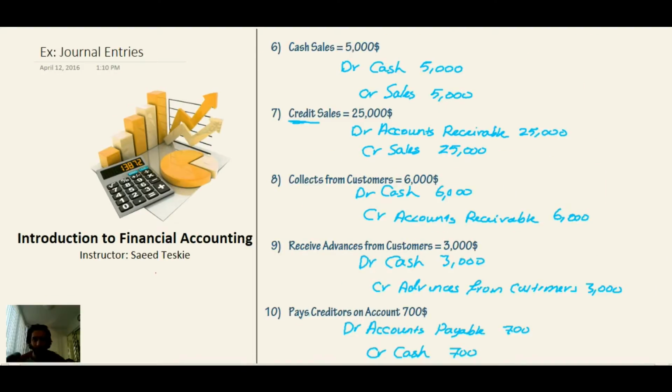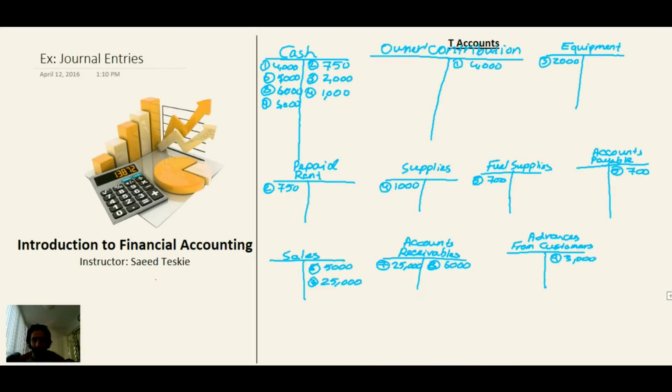Number 10, pays creditors on account 700. Okay, so we debit accounts payable by 700 and credit cash by 700. So accounts payable 700, cash, transaction number 10, 700.